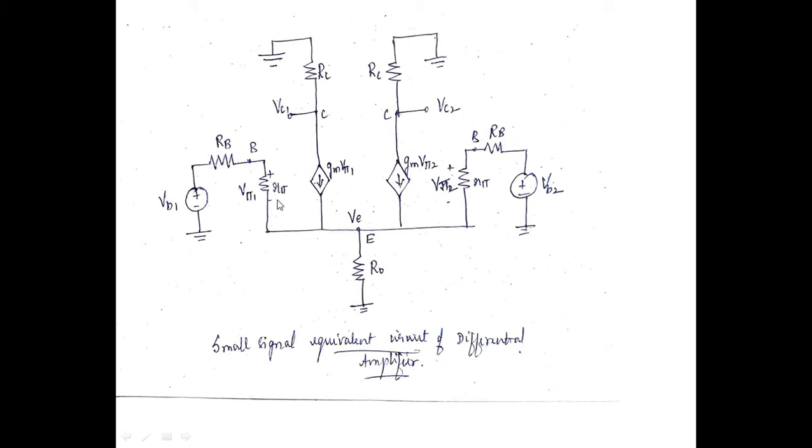That will give the current flowing between these two nodes. And the same thing we can apply for the other case. If I want to find Vπ2 by Rπ, it is given by (VB2 minus VE) divided by the sum of two resistors, RB plus Rπ, which gives the current flowing through this resistor.